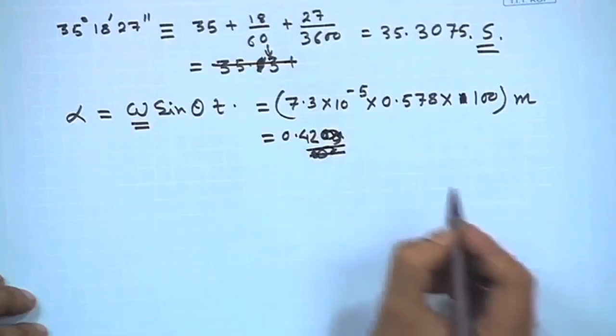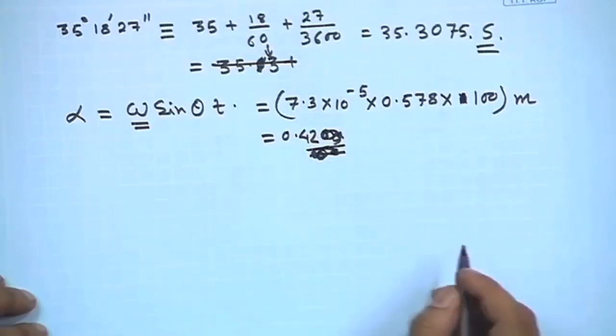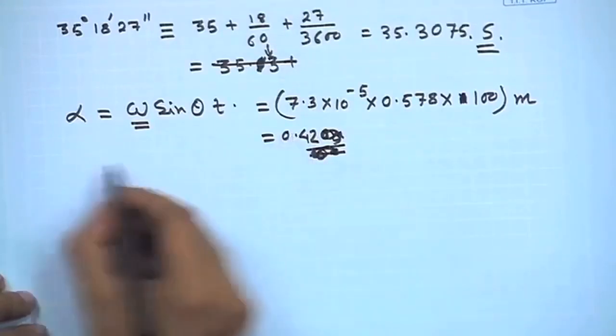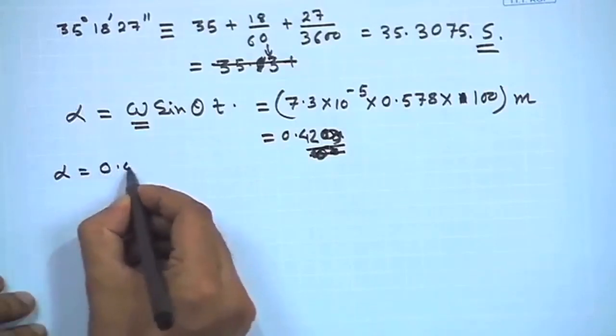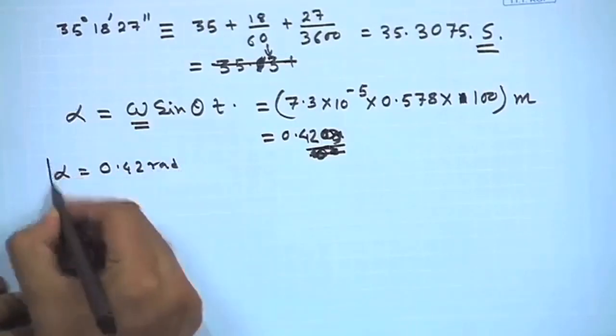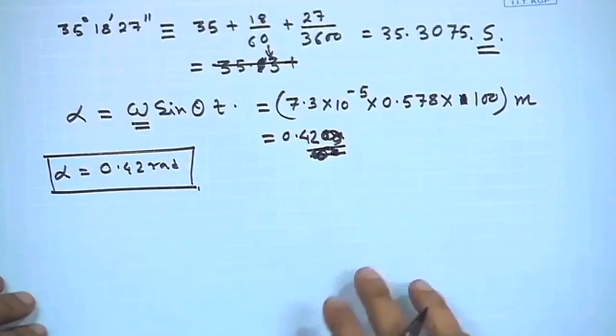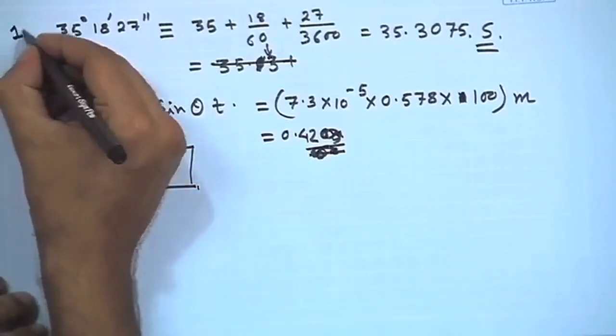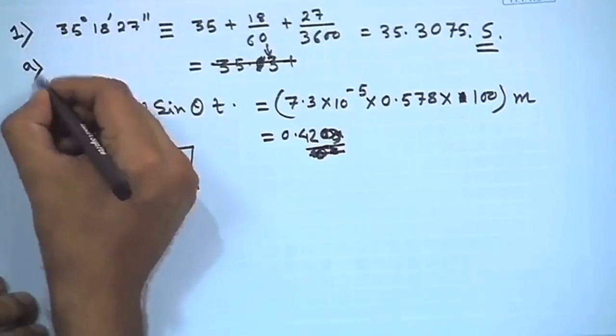It is a dimensionless number. So, 0.42 will be the angular deviation. So, alpha equals 0.42 radians, this is the answer. So, this is question number 1a.